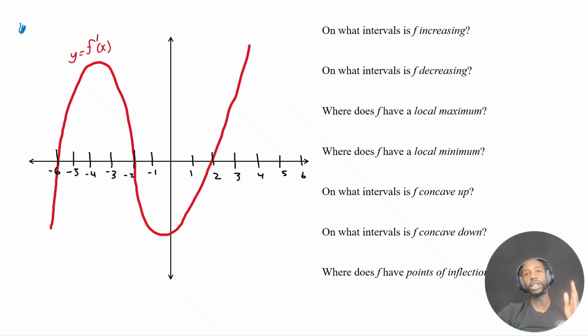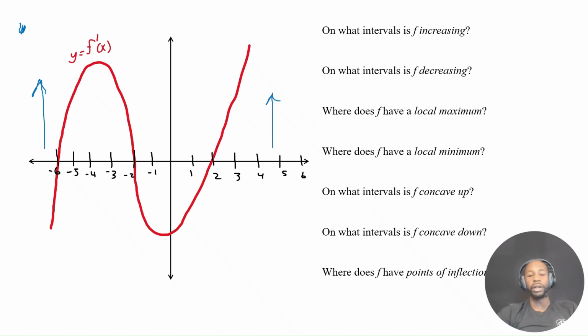When a function is increasing, it's going up. And what's true of the derivative at that point? That means the first derivative is positive. Since this is the first derivative, it's positive everywhere that you see the graph above the x-axis, right?